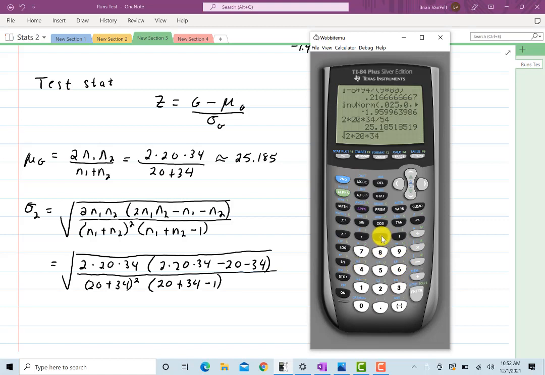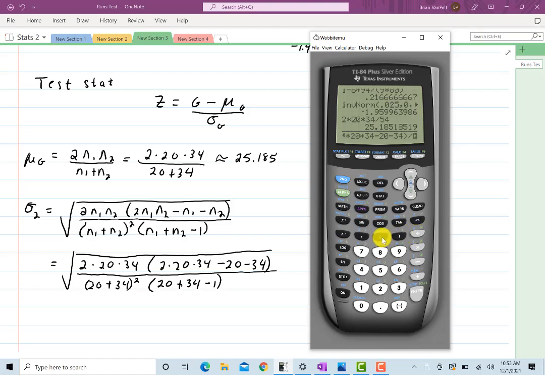Let me start my parenthesis. 2 times 20 times 34 minus 20 minus 34, end of the parenthesis. Notice I'm still under the square root. You can see that square root over bar is covering up, is on top of my cursor. Now let me hit my division.